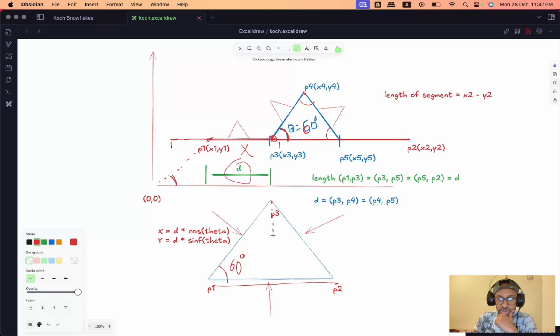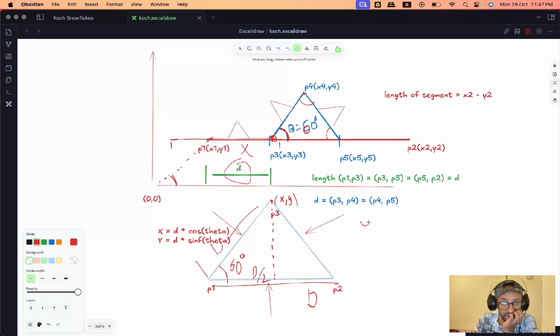If this is capital D, then this is D over 2. We know this is again capital D, and we know theta, so we can find this x and y value only from D and theta.